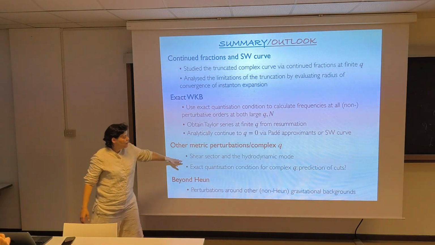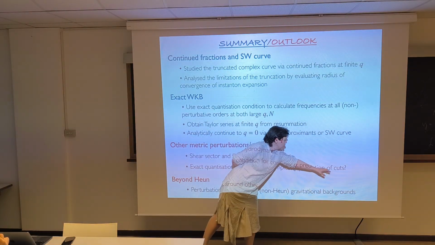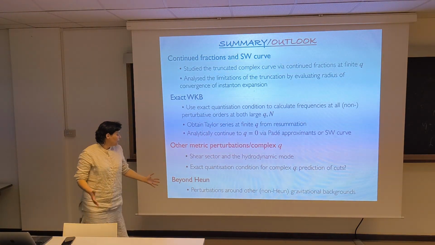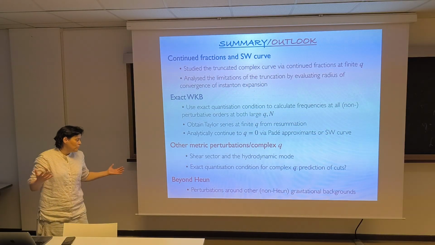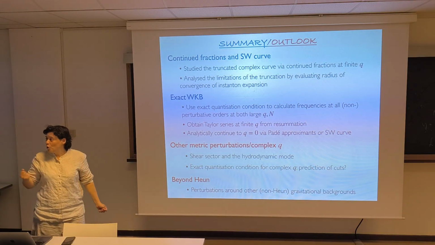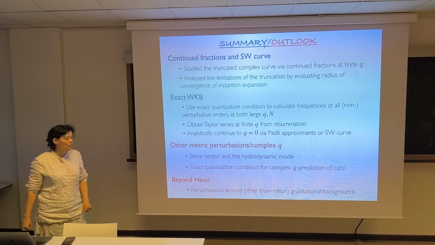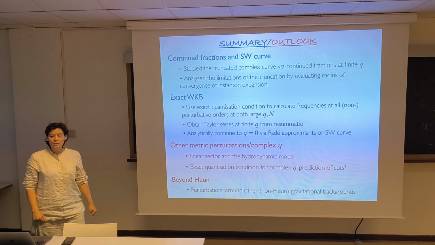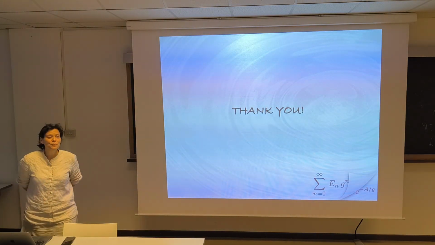But in principle, if I did that, I could predict the cuts in which they saw the level crossings. Finally, beyond Heun, there are perturbations around other non-Heun equations, with 5 singularities for example, where one can try to do the exact same thing. And thank you.